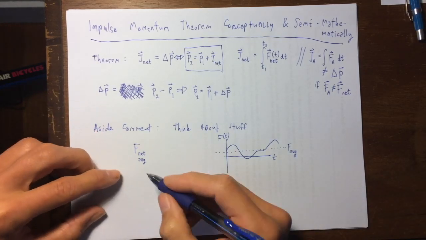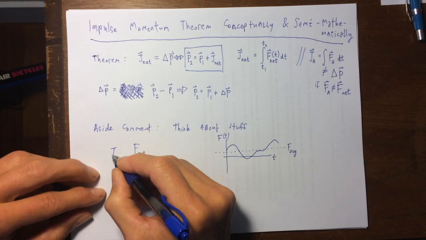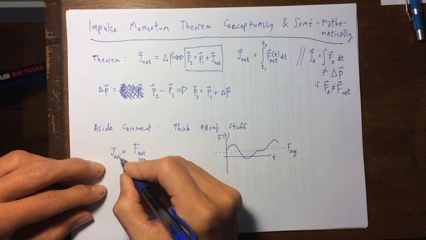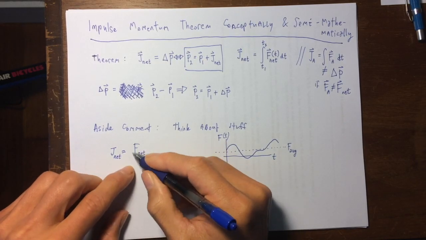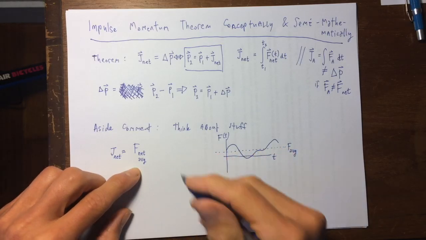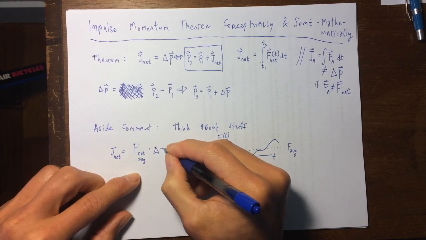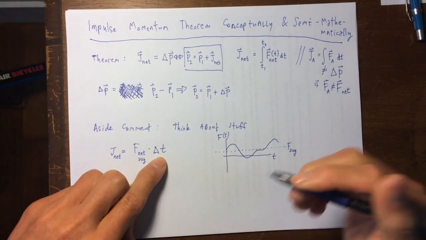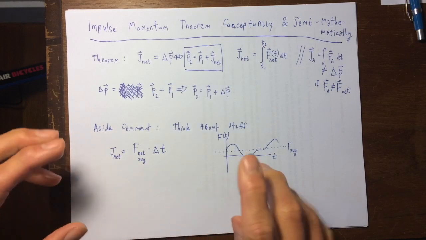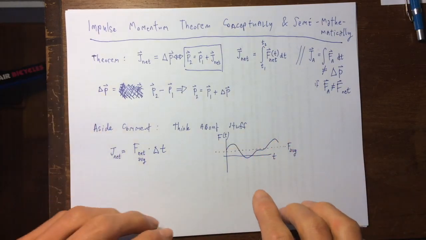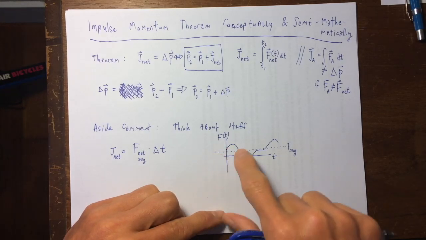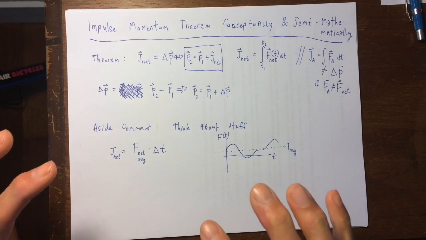So the impulse can be thought of as just the net average force, this dashed line value, which is a constant, multiplied by the time interval that you're thinking about, the one going from t1 to t2. And this is a way to think about stuff. I'm going to give you an example where it's going to be obvious that a force has to change in time, and it will make sense.